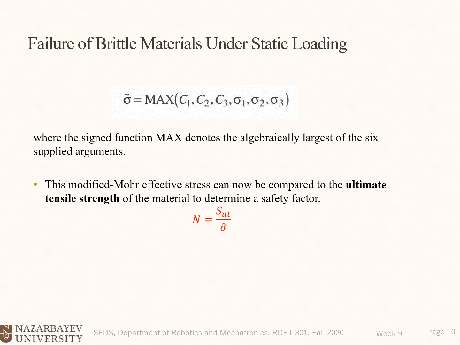When the safety factor is more than or equal to 1, it means that we are in the safe region, we are inside the polygon. And once the safety factor is less than 1, it means that we are outside the safe region and the material will fail under those applied forces.